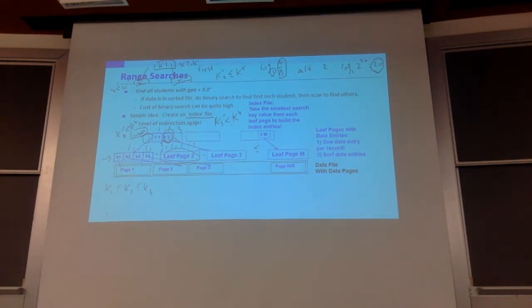Then you follow the right link of this entry, that is the leftmost entry here, and search for ones out there. It is guaranteed that every one is going to be at least in this page or in some page after this page. Make sense? Any questions?